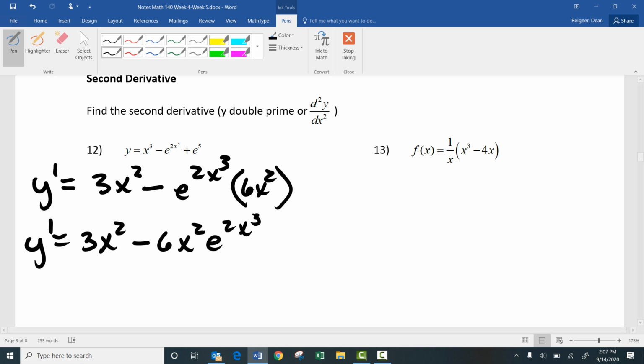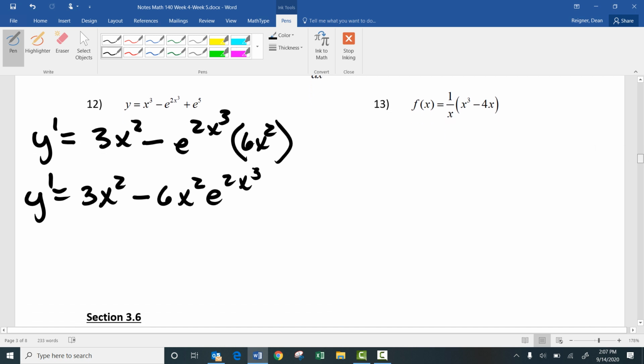Okay? So now that's not the second derivative. That's the first derivative. So what we have to do now is take the derivative again. So the derivative of y prime is y double prime. The derivative of 3x squared is 6x. Now, I'm going to put a minus sign here, and a parentheses.